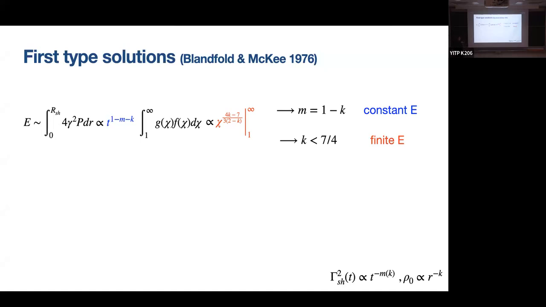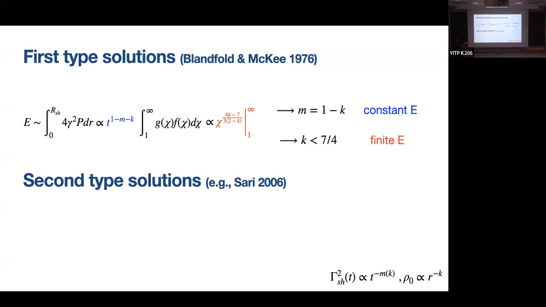So okay, for first type of similarity, k must be smaller than 7/4. But now if I want to increase k, you can imagine that I will go into the regime of second type of similarity. And in the same manner as in the non-relativistic case, the shock loses causal contact with everything behind it.